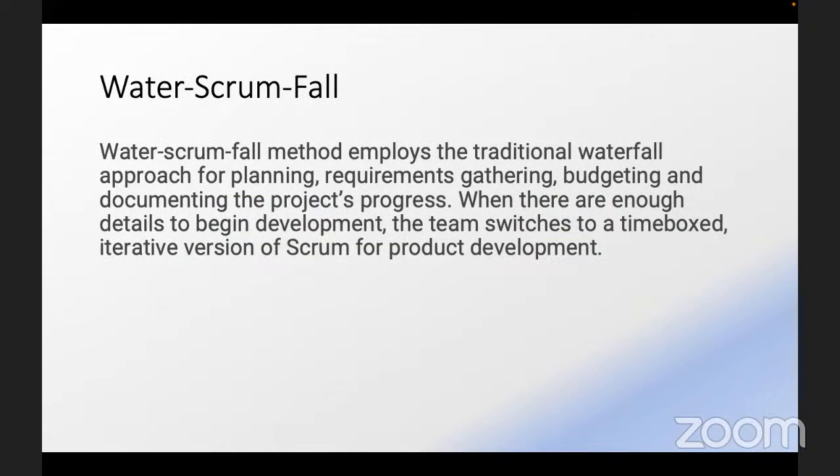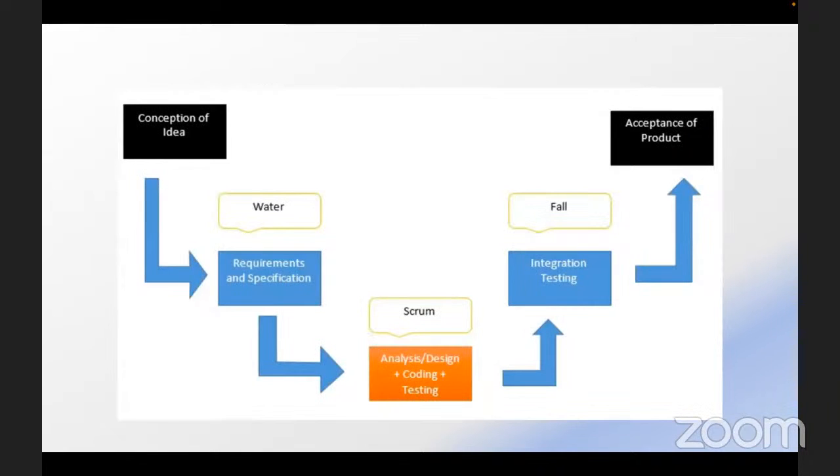Now, let's go through the definition again I gave here. I said the Water Scrum Fall method employs the traditional waterfall approach for planning, requirements gathering, budgeting, and documenting the project's progress. And I said when there are enough details to begin development, the team switches to a time-bound iterative version of Scrum for product development.